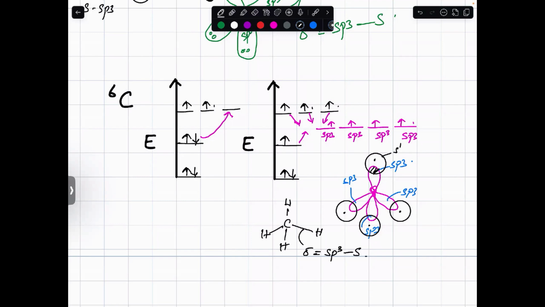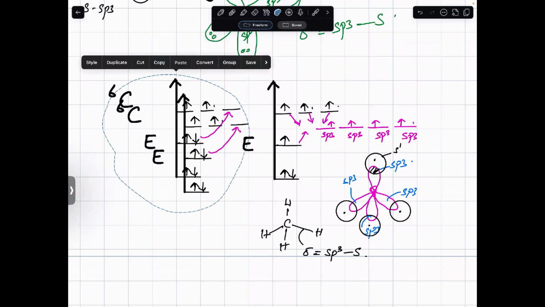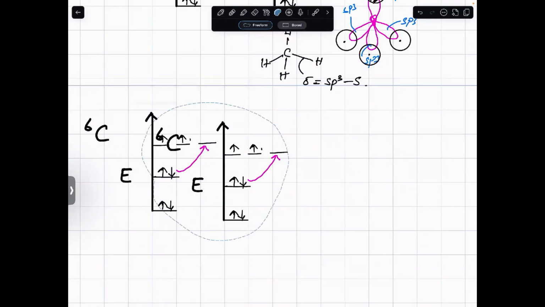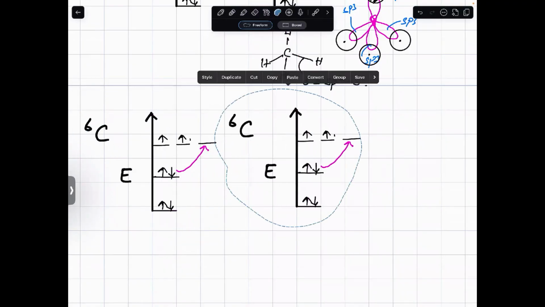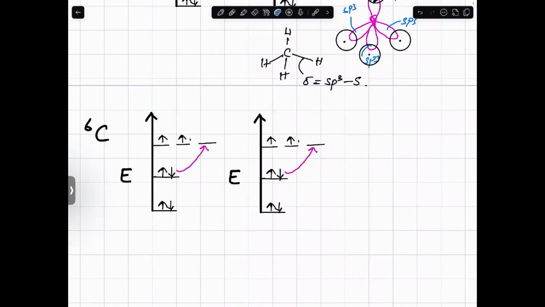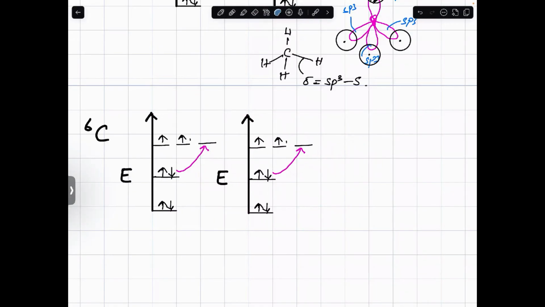Now, if carbon is going to make a double bond, what is happening? I am copying this. Look, this is carbon after excitation of the electron. After excitation, when the electron moved to this, what happened?